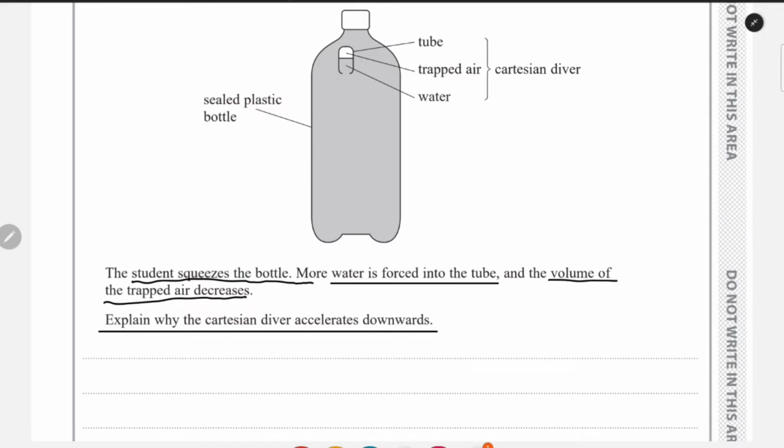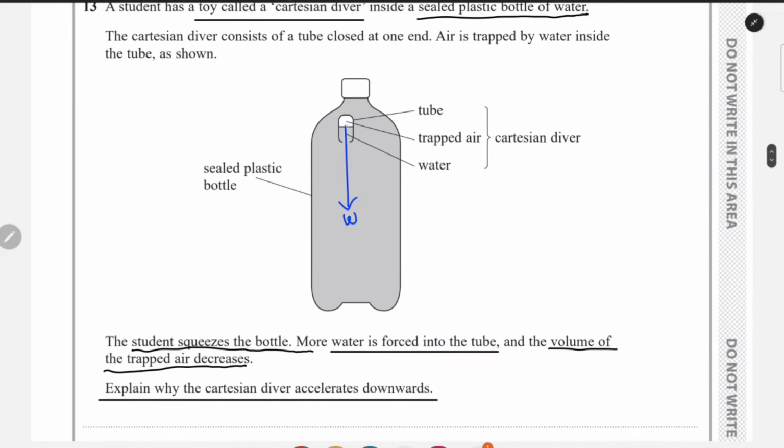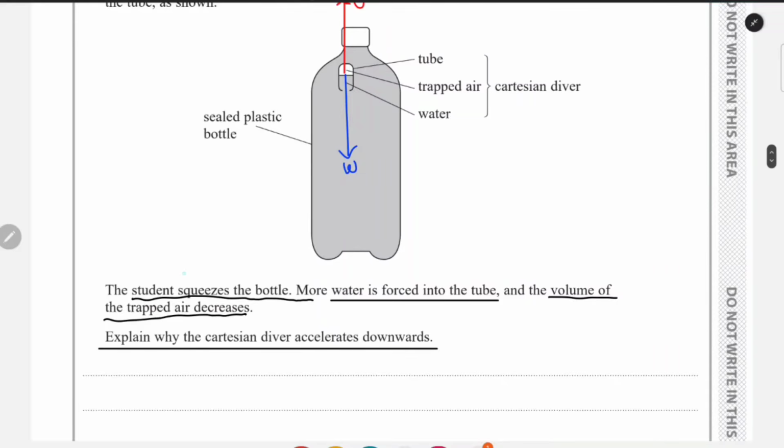We have to consider the forces on the tube. So this is the weight of the tube, and this is the upthrust. If the student squeezes the bottle, more water will be forced into the tube over here, and the volume of air here will decrease.